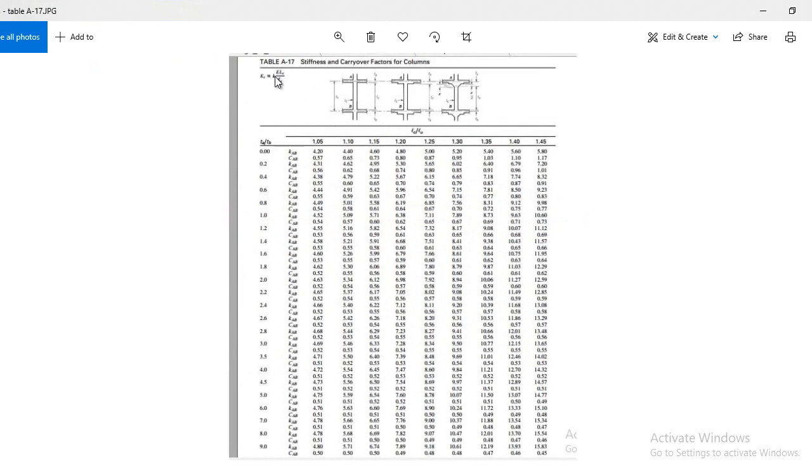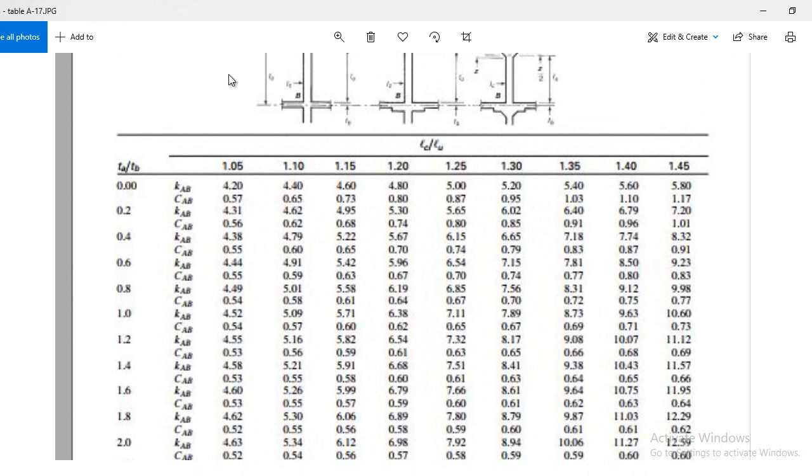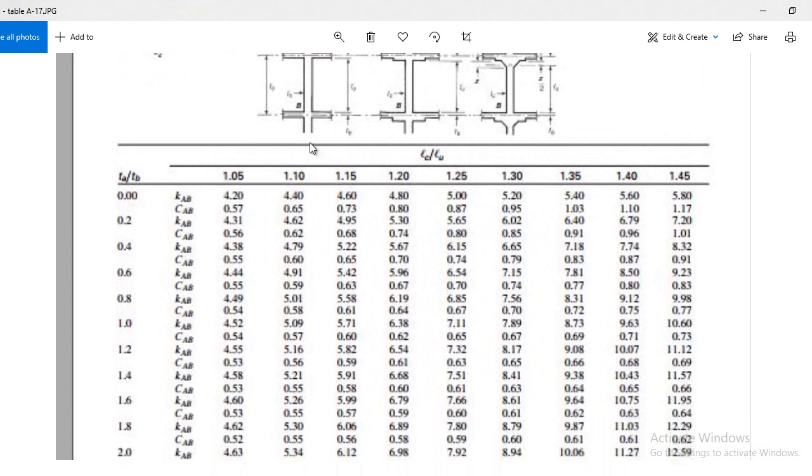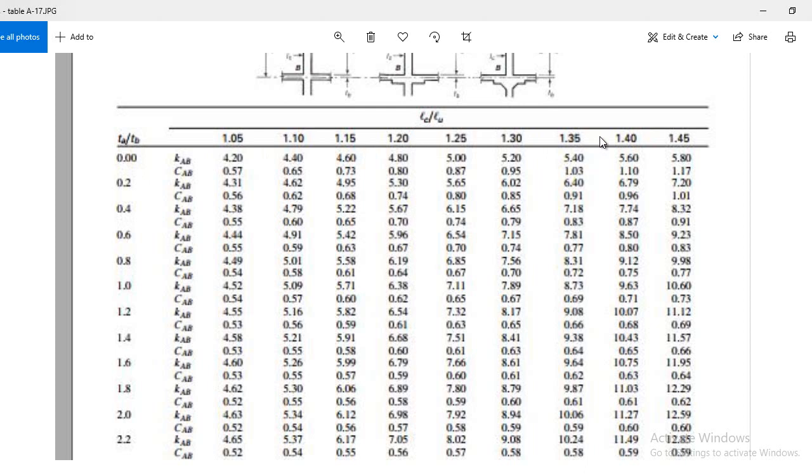You see, case is equal to K times E times Ic divided by Lc. Let me show you. Clear? So we need to find the K value. The K value will be found by using these values, Ta by Tb, this one, and the Lc by Lu ratio.